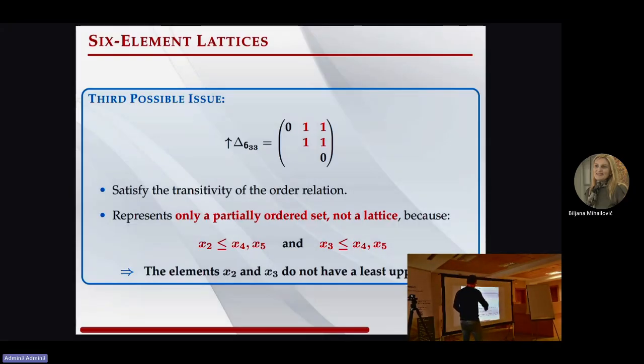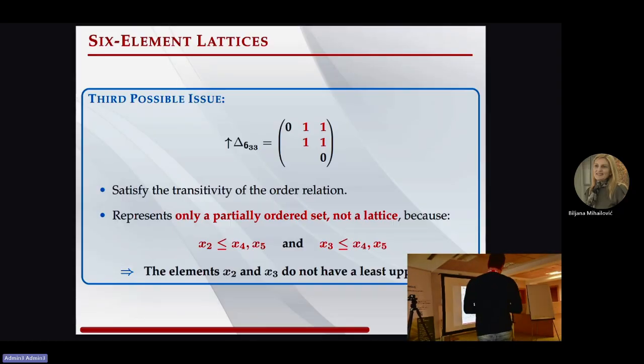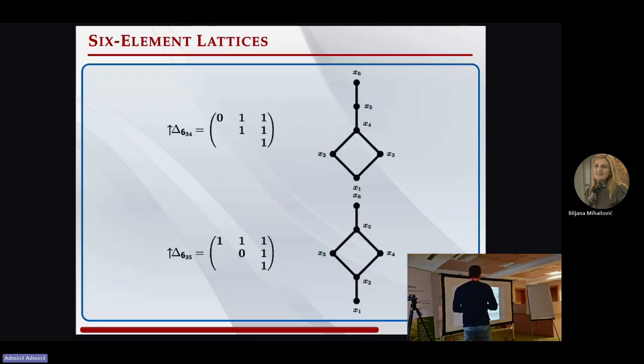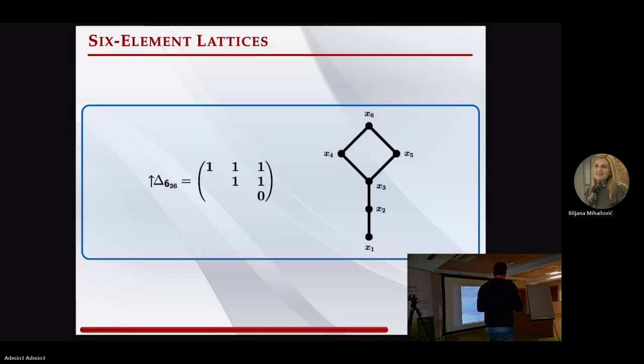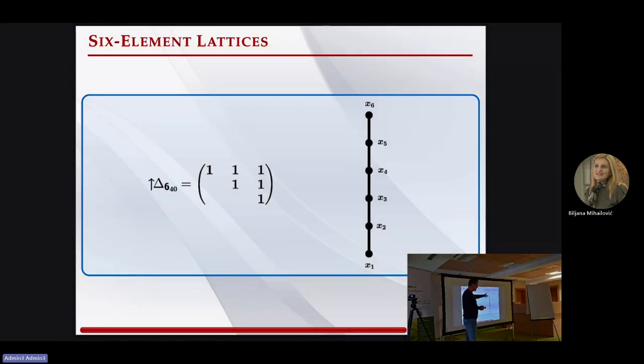This matrix represents only a poset. So this is bad for us. So this matrix we have to remove from the final set. So let's continue. Another matrices, another lattices, and another wrong matrices, and the last one is the chain.